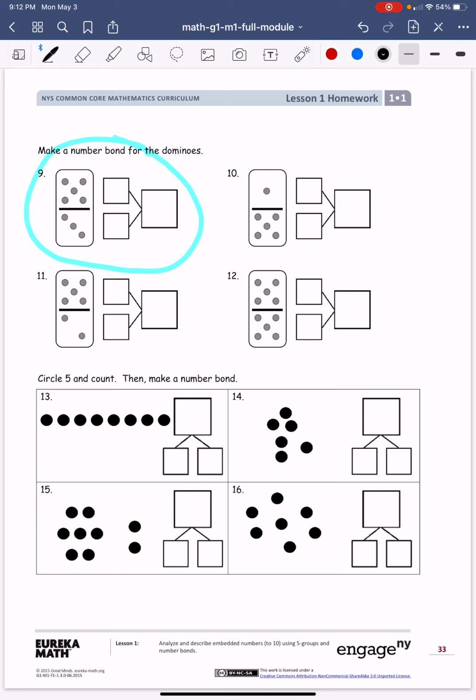Oh, and by the way, while you're counting, you could also fill in the little number bond. Okay, I'm going to go ahead and start to count. If you're not done and you do not want me to count with you, go ahead and pause the video.